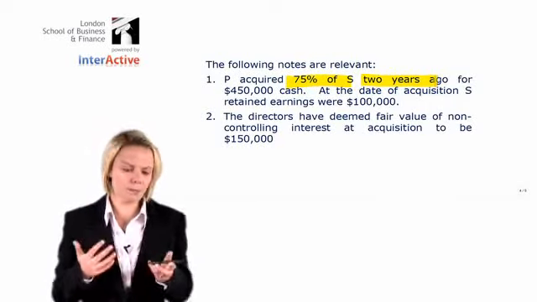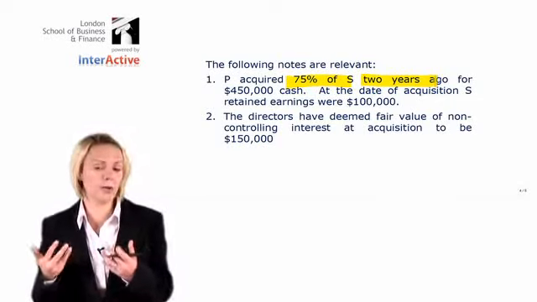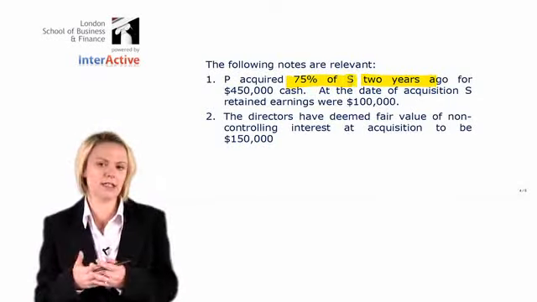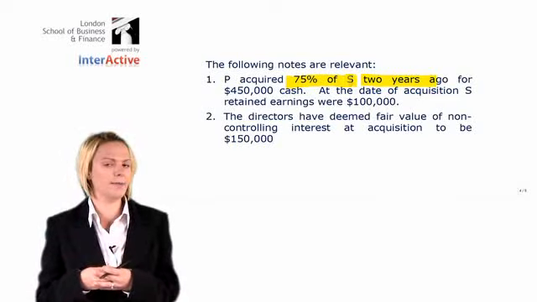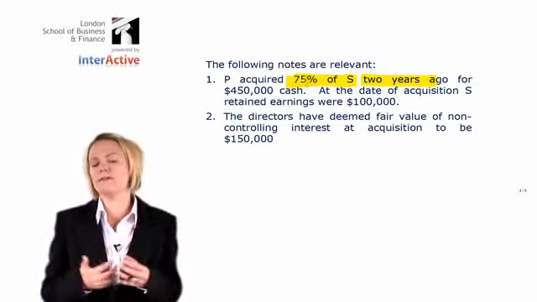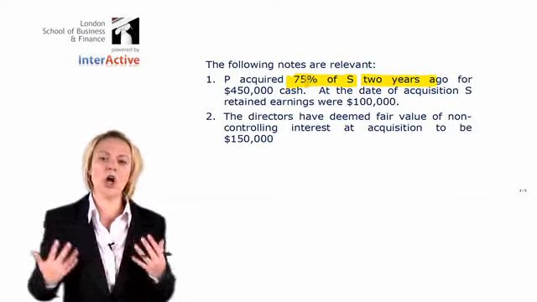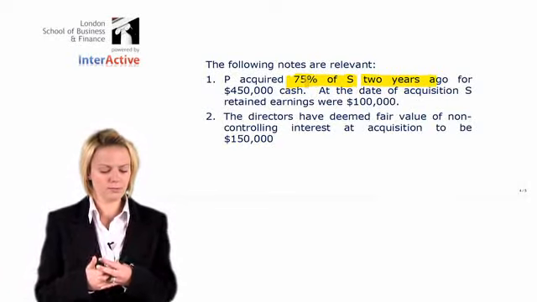So P must be the parent company because they are buying a controlling interest in S, which would make them the subsidiary. We have control because we purchased more than 50% of their ordinary voting shares. And as such, a group would be formed.